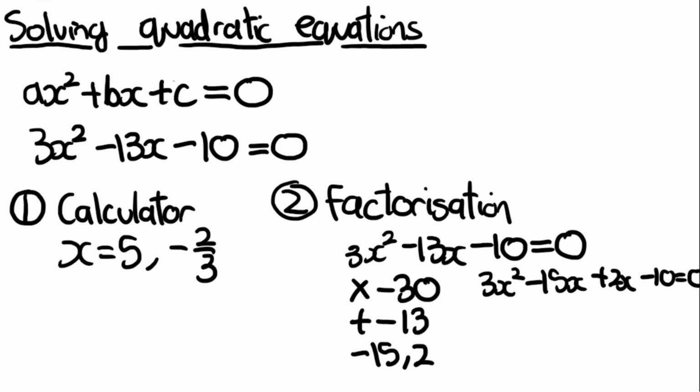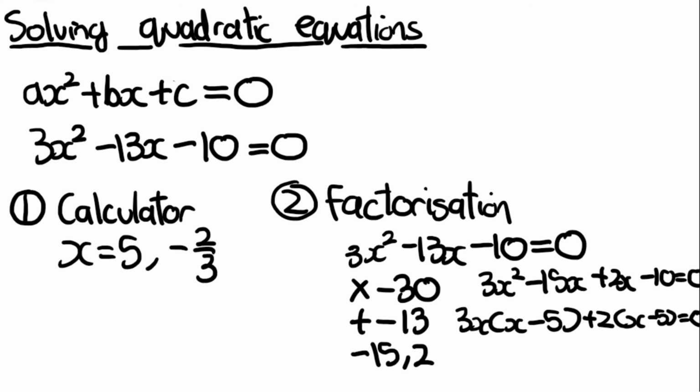And then we can factor this as much as possible with the 2 separate identities. So the first bit, we can factor out 3x and say x minus 5. And for the second bit, we can factor out 2 and say x minus 5, and that's equal to 0.